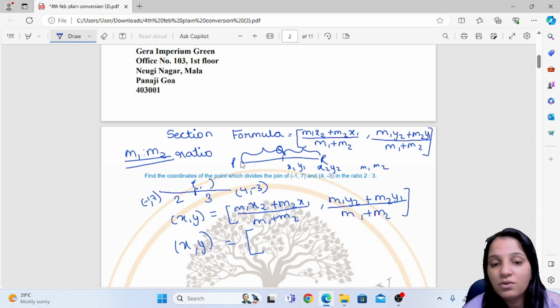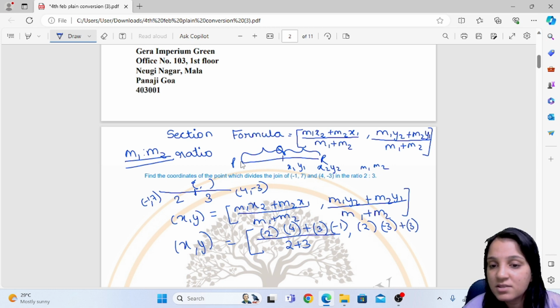Now m1 we know is 2, into x2 which is 4, plus m2 which is 3, x1 is -1, upon m1 plus m2, which is 2 plus 3, comma m1 is 2, y2 is -3, plus m2 is 3, y1 is 7, upon 2 plus 3.